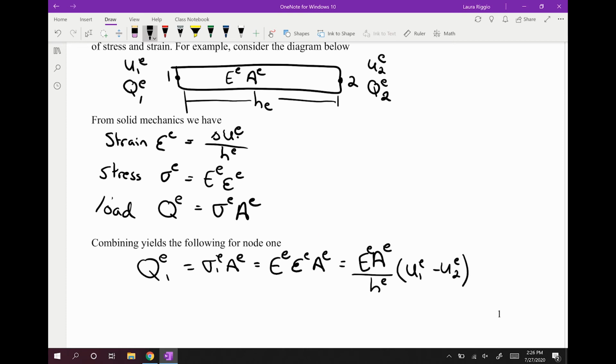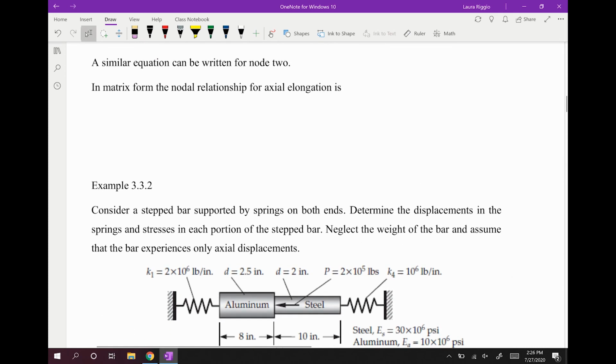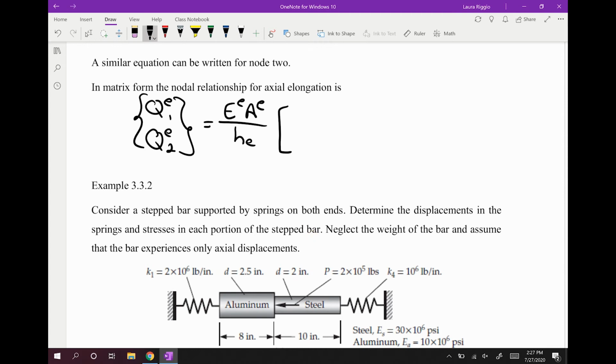I can write a similar equation for node 2. And again, if I put these into a matrix form like I did before, I would have our load at our 2 ends is equal to our modulus of elasticity times our cross-sectional area divided by our initial length times [1, -1; -1, 1] times our displacement at our 2 ends.